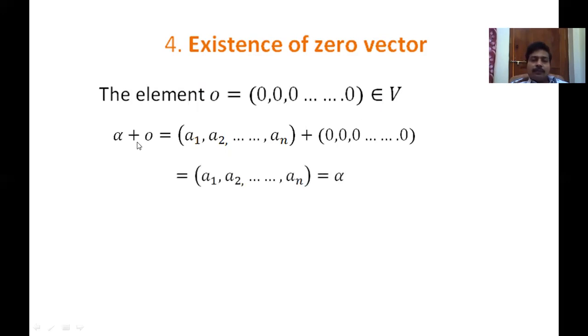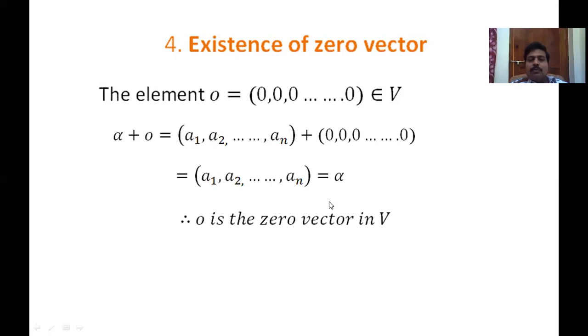So alpha plus 0 is equal to alpha: a1, a2 and so on an plus 0, 0, 0 and so on. After component wise addition, you will get a1 plus 0, that is a1, a2 plus 0, a2 and so on. An plus 0 is an, that is equal to alpha. So alpha plus O is alpha.